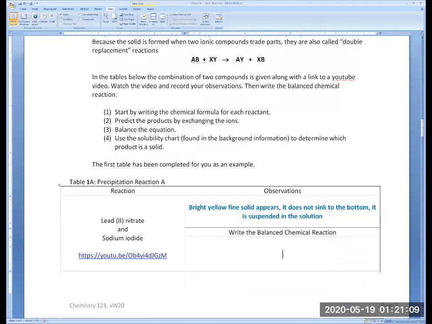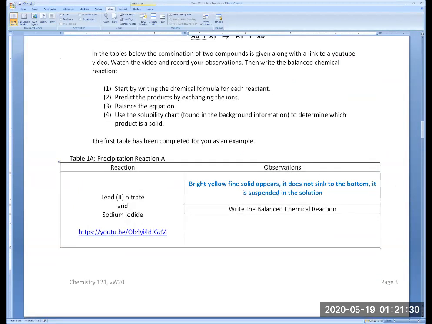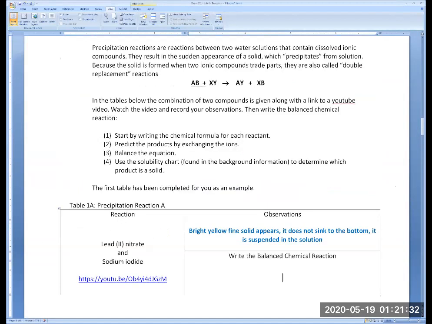I want you to watch it so that you see what is observed and then understand what you expect to write as observations. And then you want to write the balanced chemical equation. And I think sometimes you are given the name of the product because we don't expect you to know the formulas.